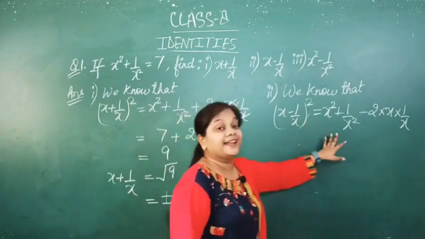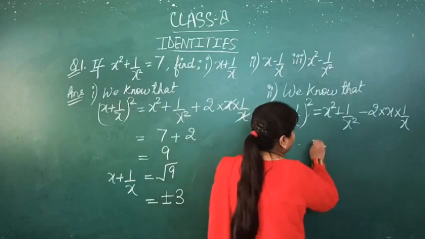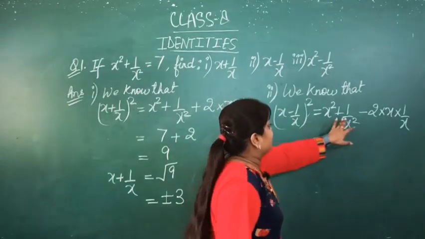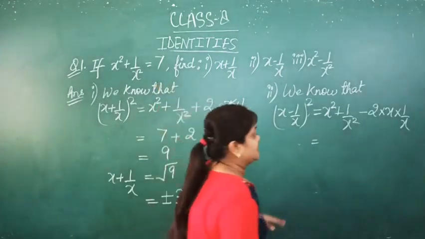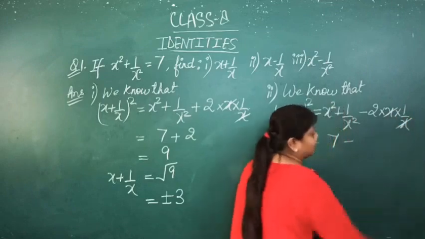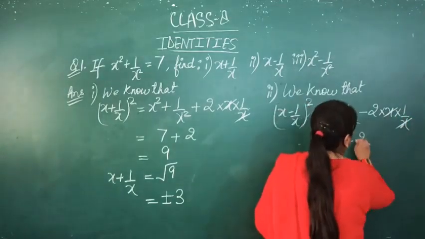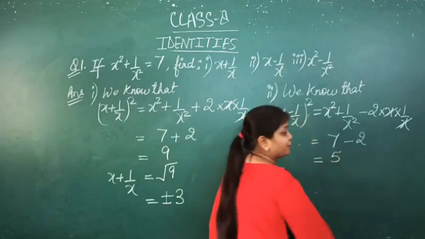Using our third identity, we can write it in this way. X square plus 1 upon x square is equal to 7, and minus this x and x will be cancelled, so we will get minus 2. 7 minus 2 is 5.